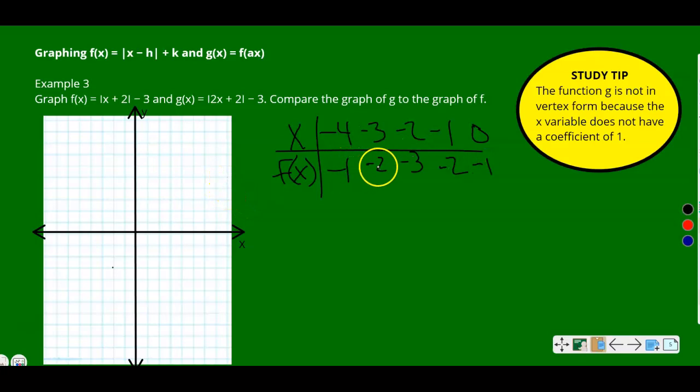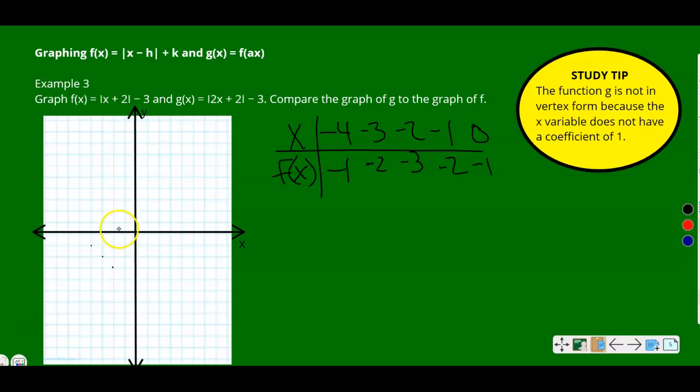And you can see that these values do go negative 1, negative 2, negative 3, negative 2, negative 1. So hopefully using these values, we will get that V-shaped graph, especially since the vertex is in between these values that we picked. So if we go over to negative 4, 1, 2, 3, 4, negative 1; negative 3, negative 2; negative 2, negative 3. Again, that was our vertex.